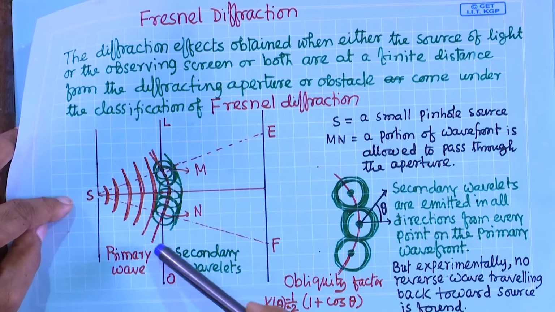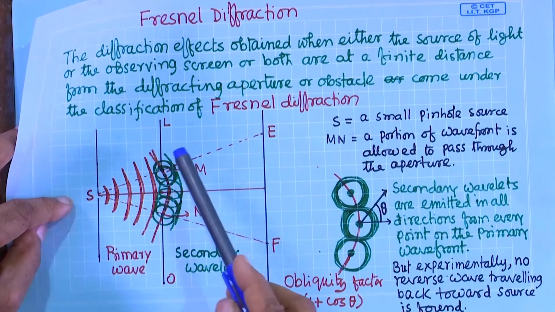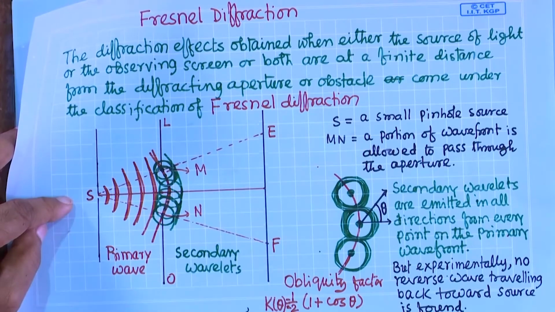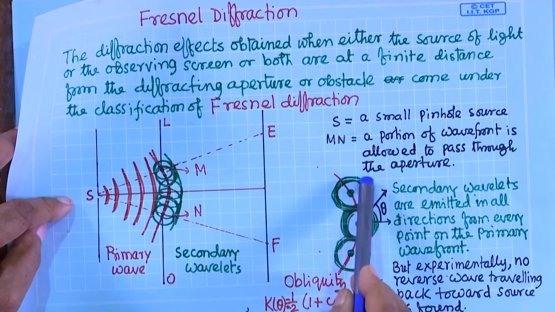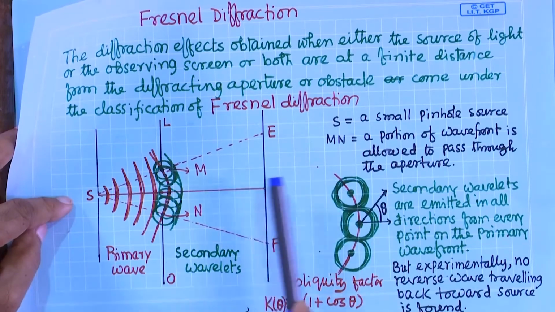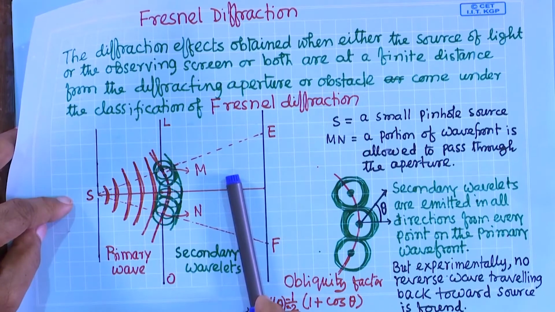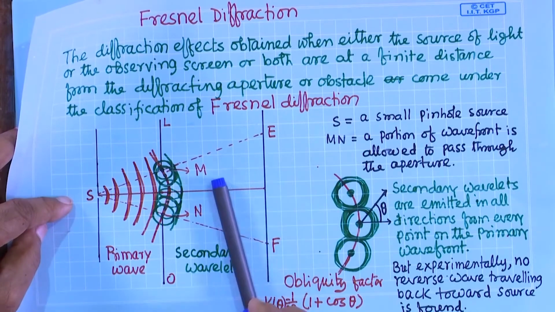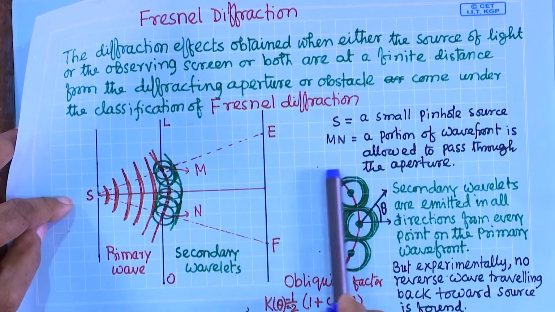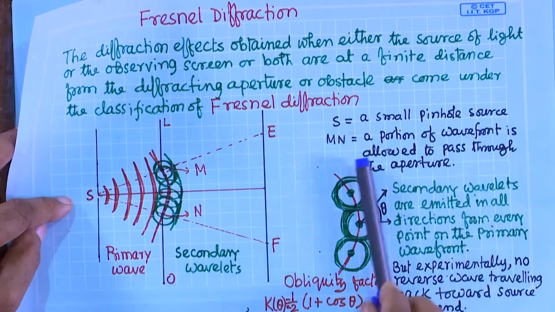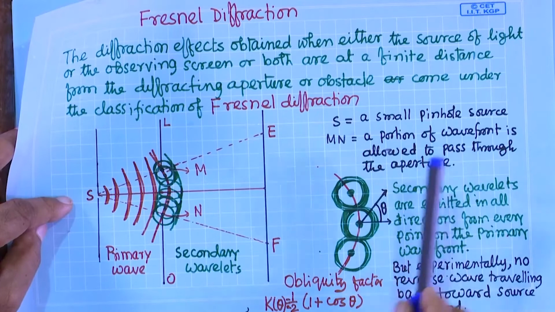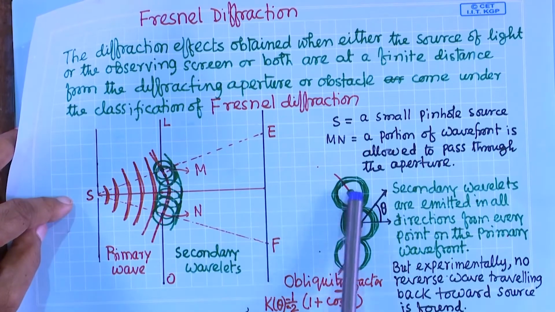Each point will act as a secondary source, and the secondary wavelets will be emitted in all directions. So it emits wavelets in all directions.